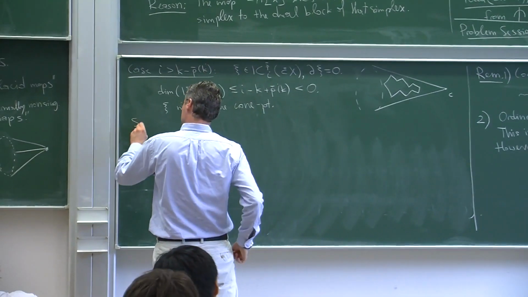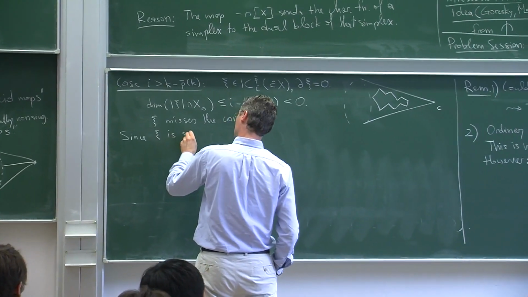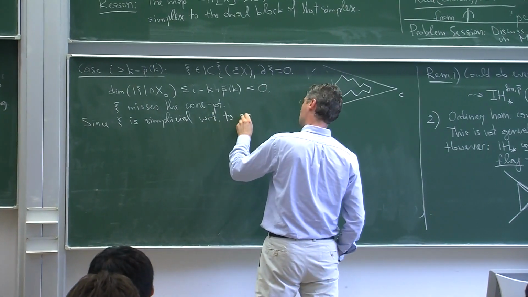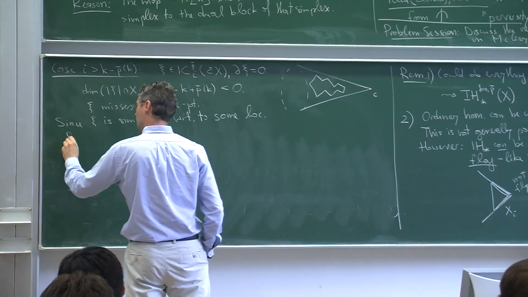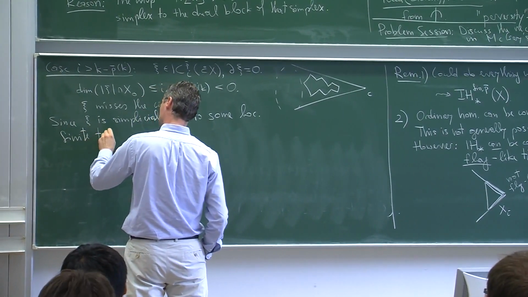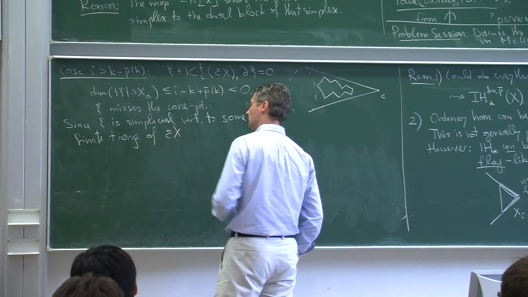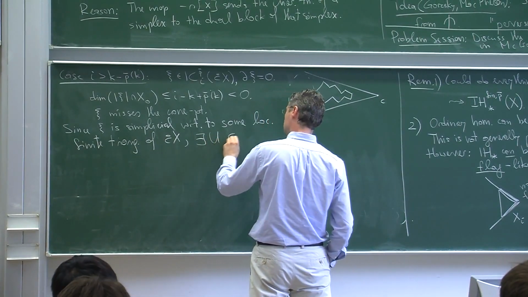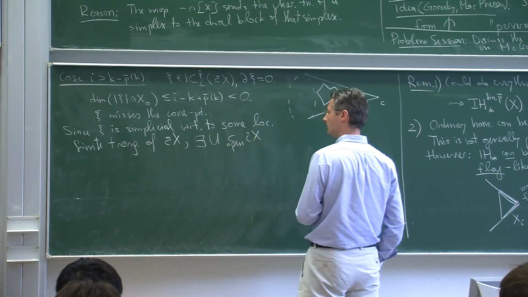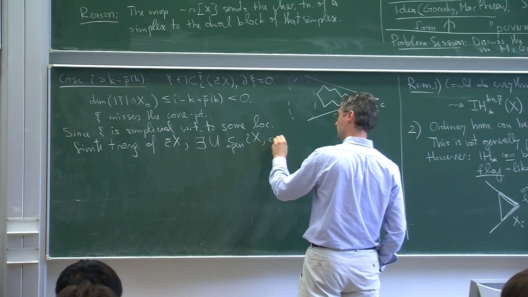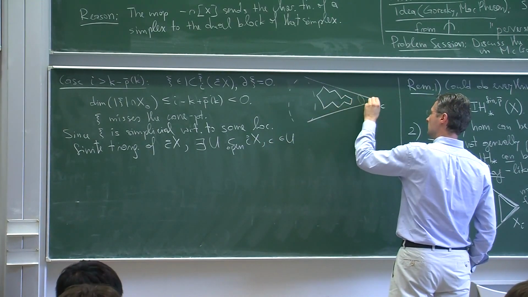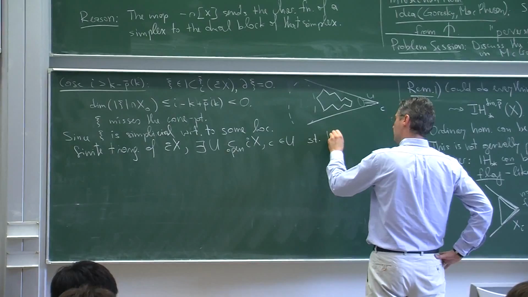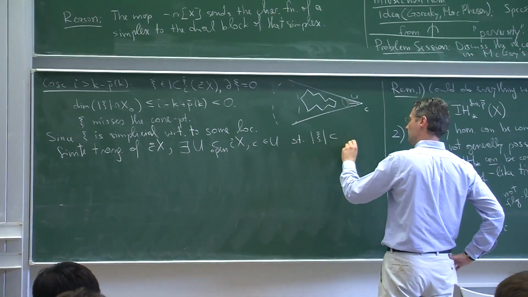But since xi is simplicial with respect to some locally finite triangulation of the cone, it means that there actually exists an open neighborhood of the cone point such that the support of xi is contained in the complement.